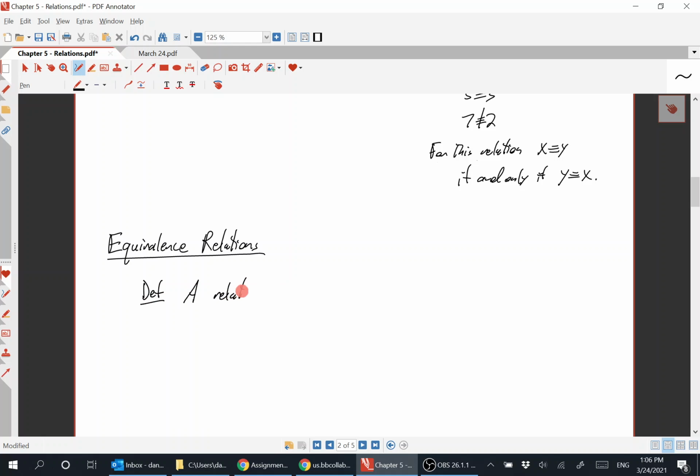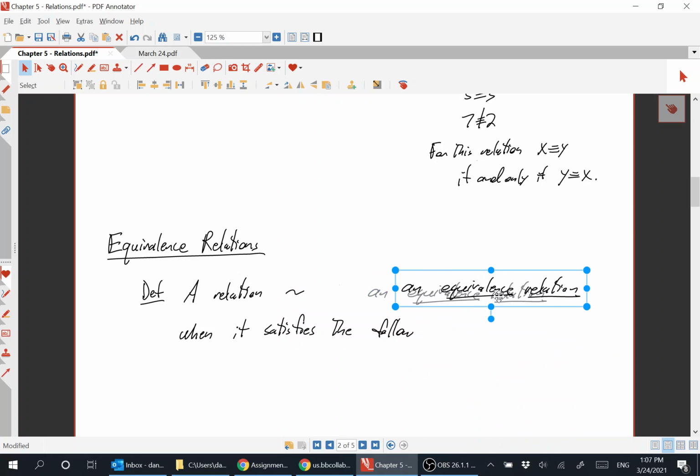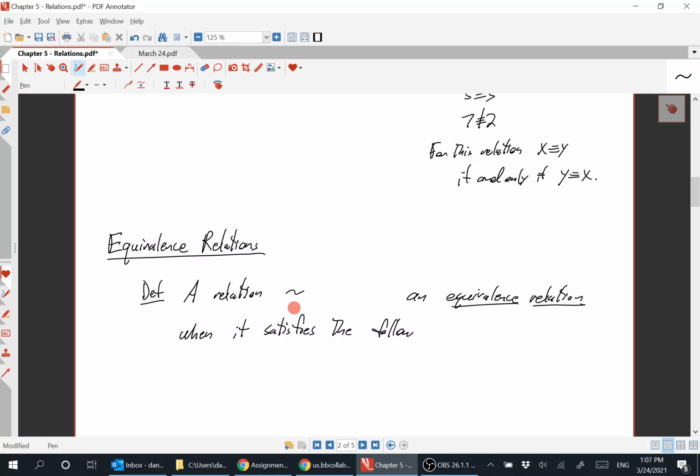A relation tilde on a set A is an equivalence relation when it satisfies the following three properties.